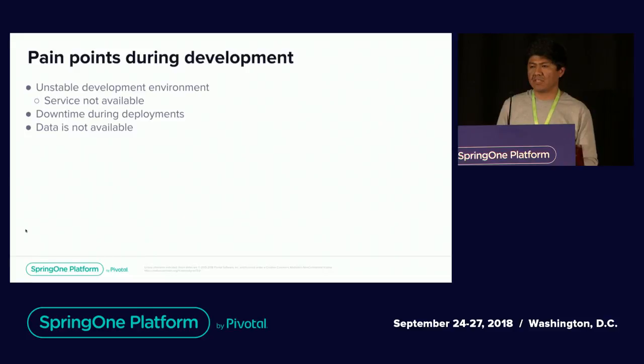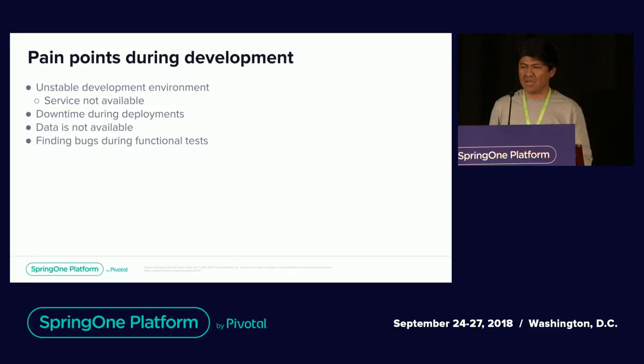Or maybe I want to test some scenarios, and I don't have the data available through the service. Or maybe there is another service which is down, like a third-party service. Also, if I am not writing tests, the only way to test it is manually. So we can find bugs during the functional test, which is not so cool, since it involves a lot of time.